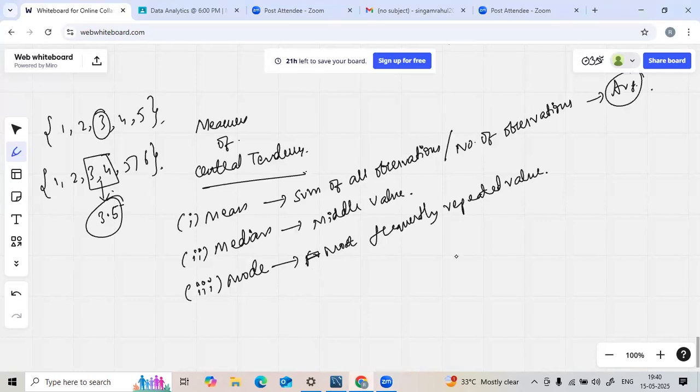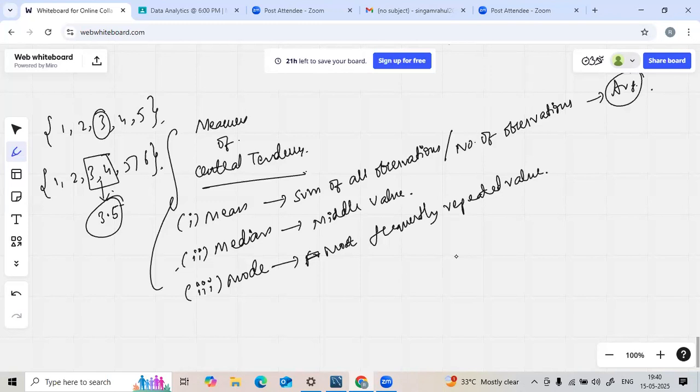Okay. So once again, I'm just taking a reference out there. Whenever we are talking about the topic measures of central tendency, we have three options: mean, median, mode. Mean itself is nothing but the sum of all observations by the number of observations. You can even consider it as average. With median, it's the exact middle value available in the data set.